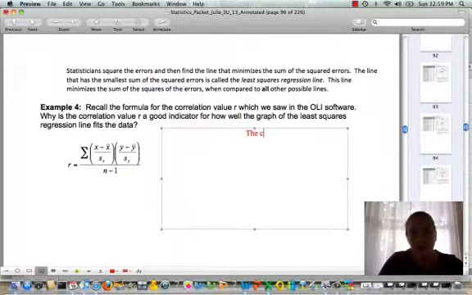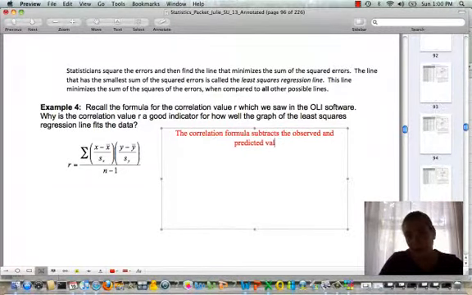So we can say the correlation formula subtracts the observed and predicted values for the x and y coordinates on the graph.